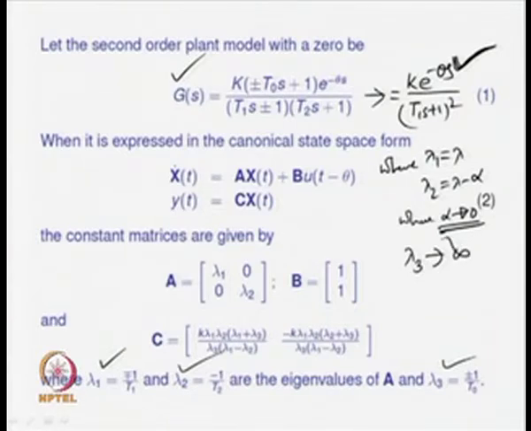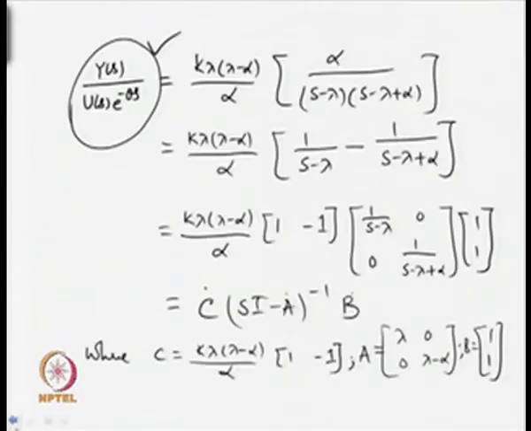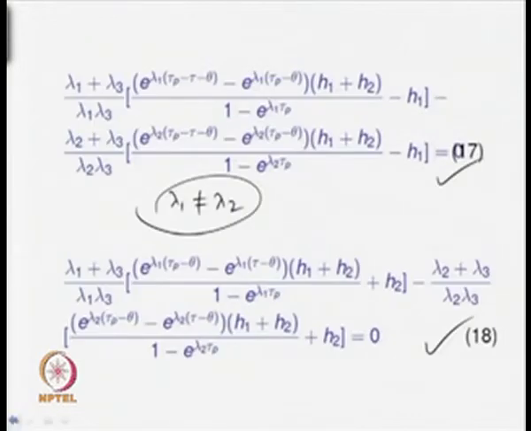So, if you allow me to make these assumptions, then all the analytical expressions we have derived so far can be extended to identify the transfer function model parameters of this model with pole multiplicity, because one has to properly substitute the lambda values, lambda 1, lambda 2 and lambda 3, then the same set of analytical expressions as I have shown earlier. What are those analytical expressions we have obtained? These are the analytical expressions.